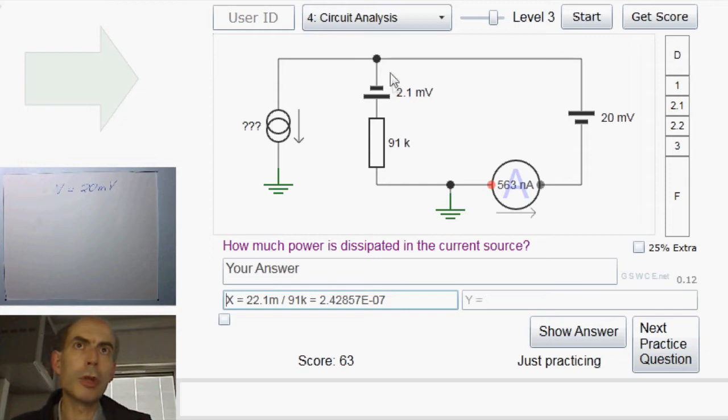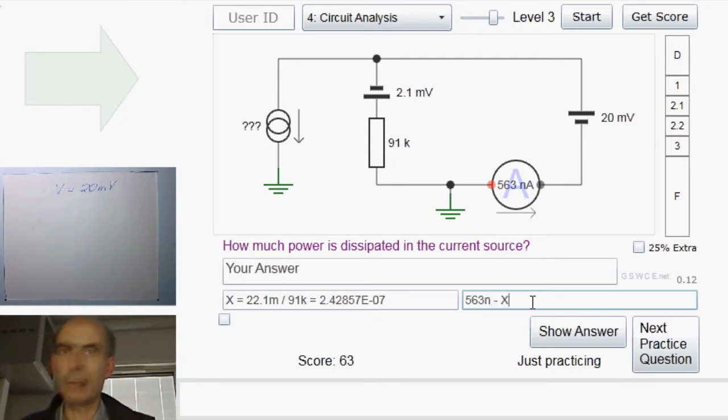The current flowing up through here and along here is 563 nanoamps, and that must be the current flowing down through here plus the current flowing down through this current source.